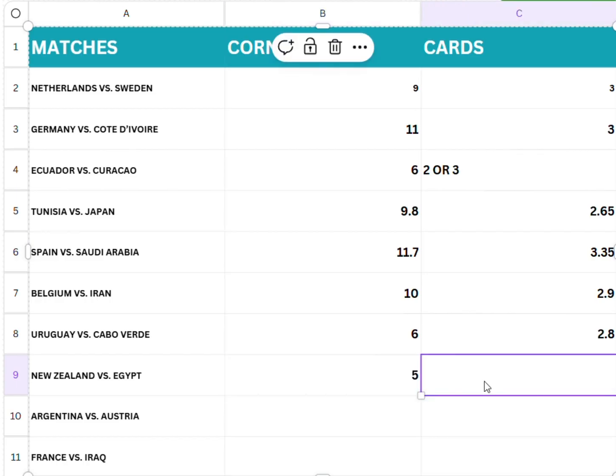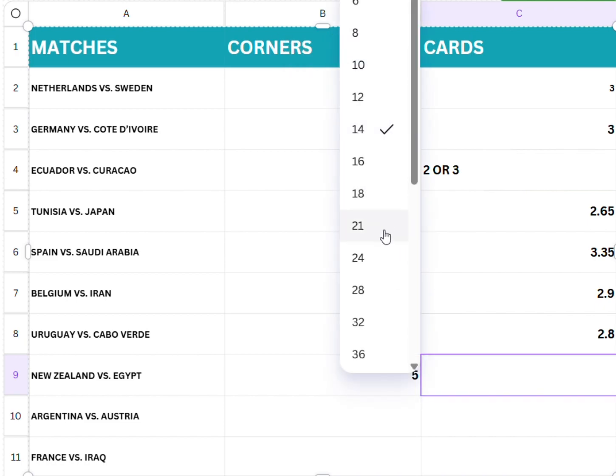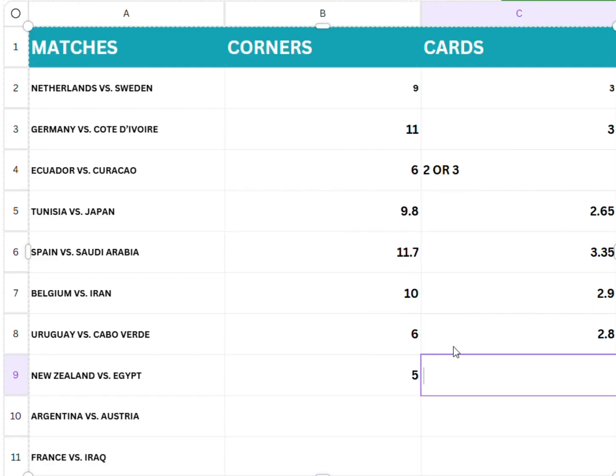And the cards: the average cards in a match for New Zealand is 2.5. Same thing with Egypt, average cards 2.5. So 2.5 plus 2.5 divided by 2 is still 2.5. So we're expecting about 3 cards again, 3 cards to be shown at least.